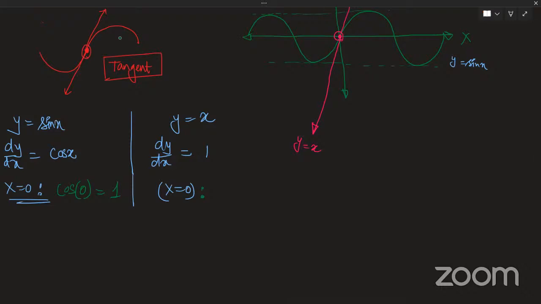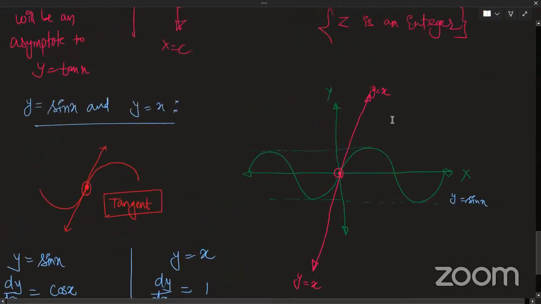It is a constant value. No matter whether you put x is equal to 0, 0.5, or 1, it will always be 1. It has to be 1 because dy by dx is a constant value.